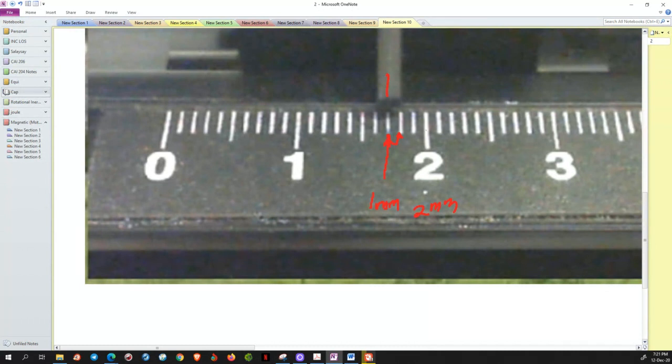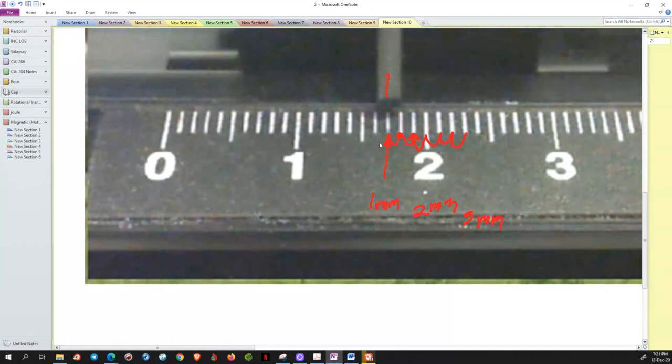And then move one line, 2 millimeter. Clear? And then you move again one line, that becomes 3 millimeter. So you will actually move a very small number of lines. This is 4, 5, 6, 7 milli.